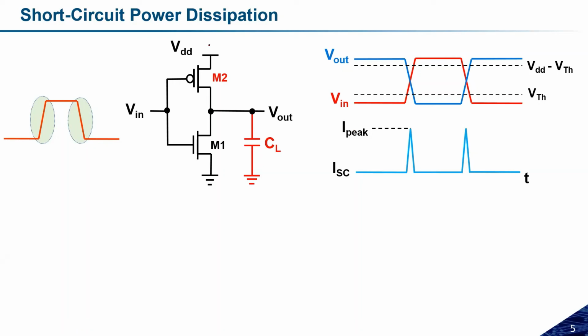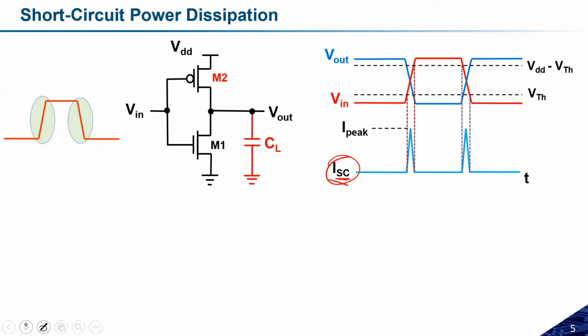Initially, before this point, the switching power dissipation will be less, like the short circuit current will be less, but at the point of VM, the short circuit current will be maximum, and then we call it the I peak.